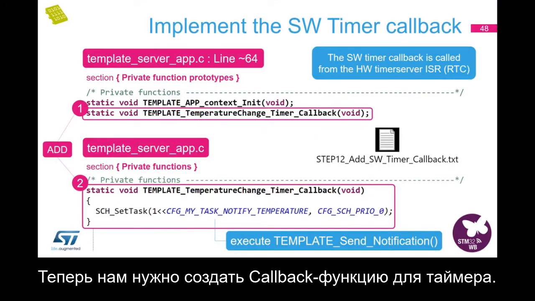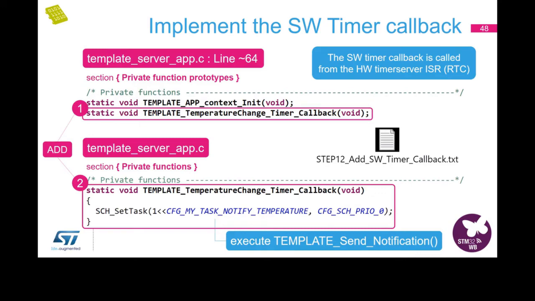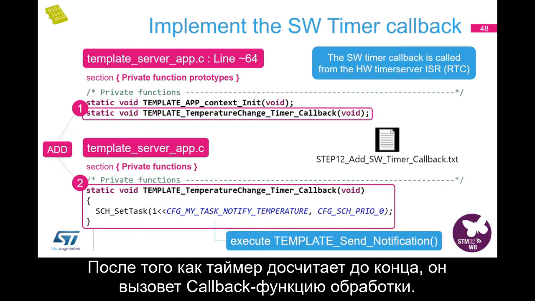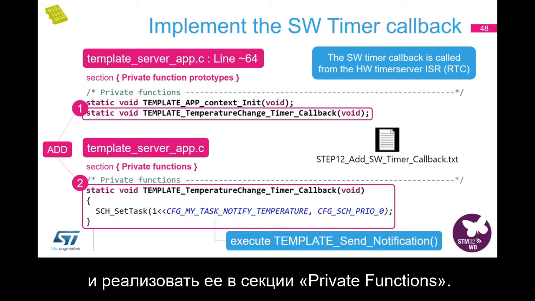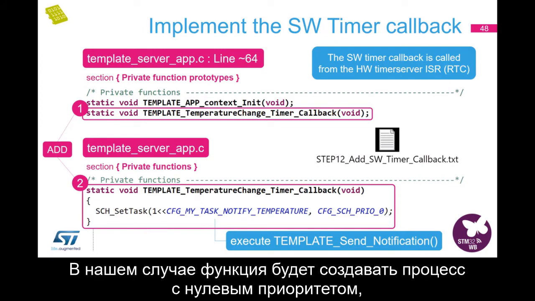And now we need to do the callback for the software timer. So when the software timer expires, like all our HAL libraries, it will trigger the callback. We now have to declare our callback routine in our function prototypes, and then we have to actually specify what our function is going to do.